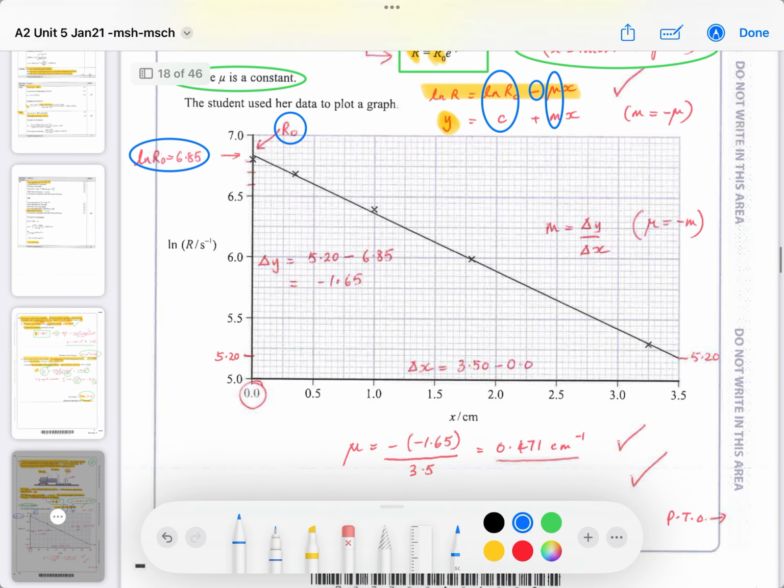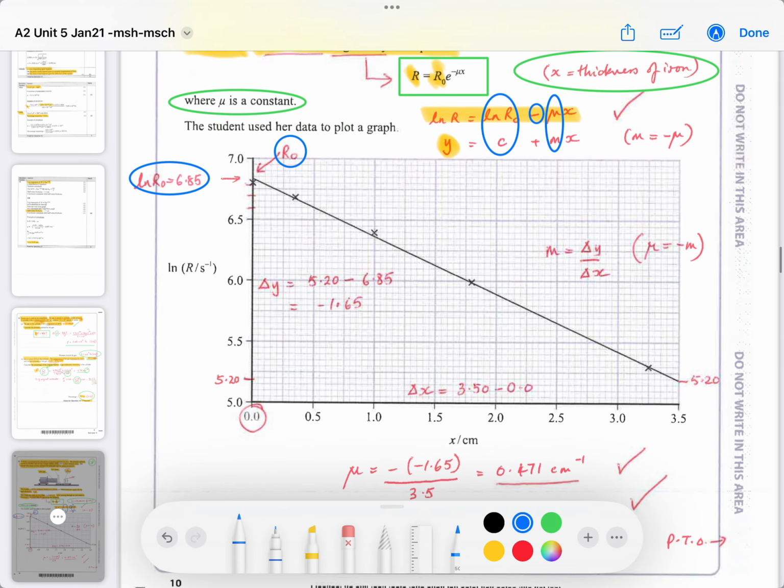So the student used her data to plot a graph. The data is plotted. You can see I've done lots of calculations already. I've worked out the change in the y, and I've worked out the change in the x using as large a triangle as possible. So I've gone all the way down to the end of the graph, and there is the value there, and there is the value at the beginning.